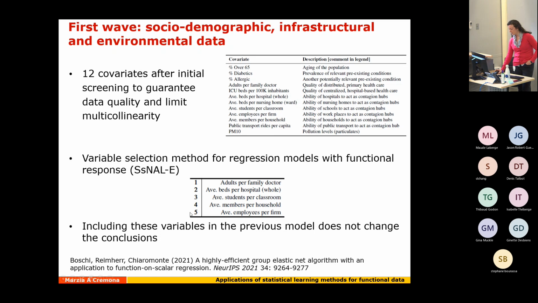In the end, we were able to select only five important variables: the adults per family doctor, the number of beds per hospital, the number of students per classroom, the average number of people per household, and the average employees per firm.